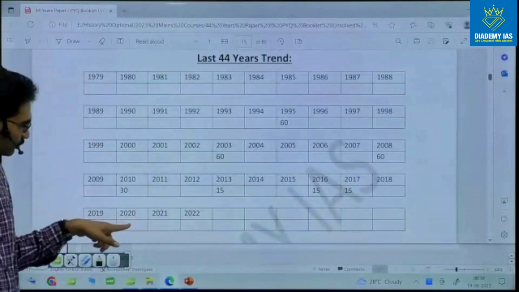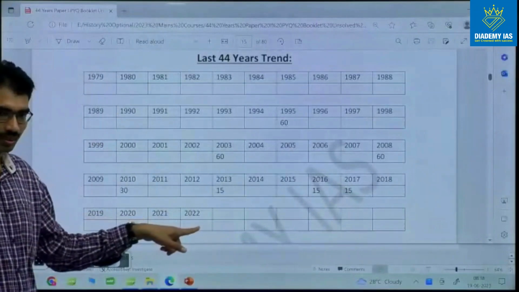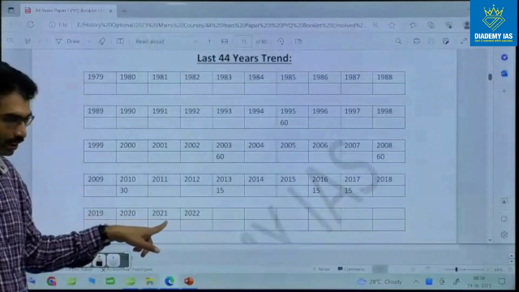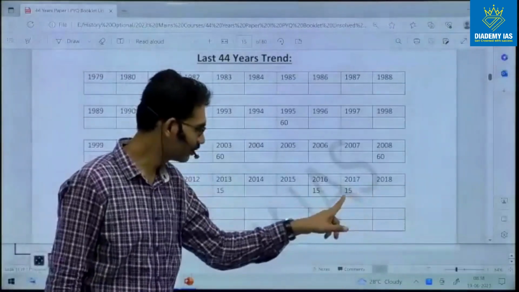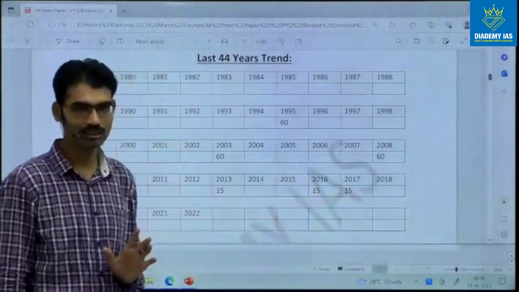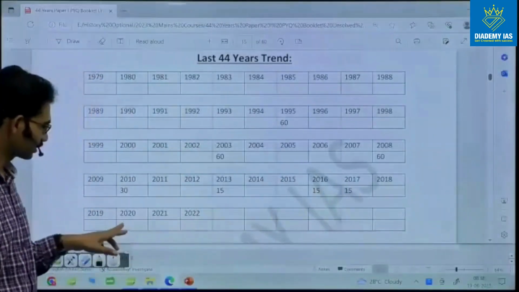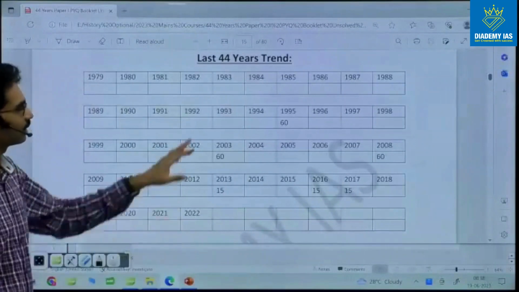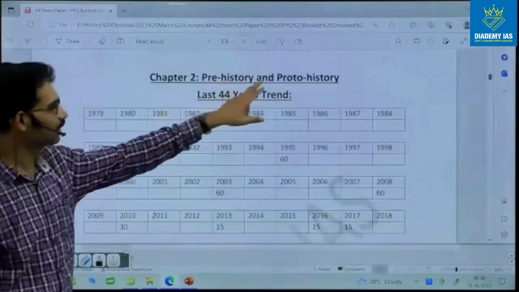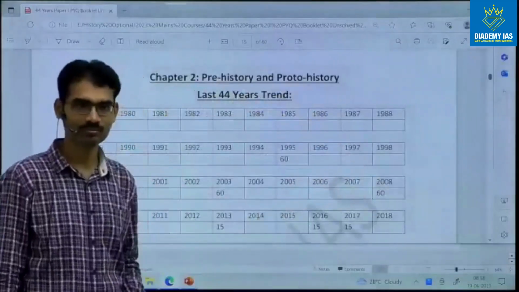Do you see? No question. In 2022, 21, 20, 19, no question. 18, no. 17, 15 marks, and 16, 15 marks. So what happened in these years? Maps. Most of the questions with respect to prehistory and proto-history are maps.